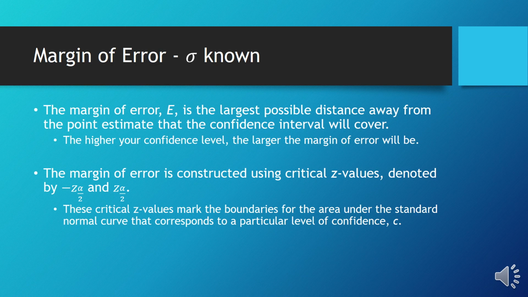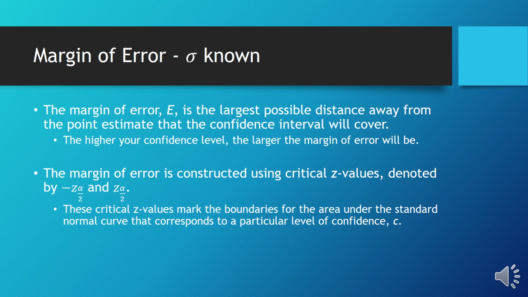Now these critical z values mark the boundaries for the area under the standard normal curve that corresponds to a particular level of confidence. So if you imagine a normal curve, a level of confidence is going to be drawn by two lines on either side of that normal curve.